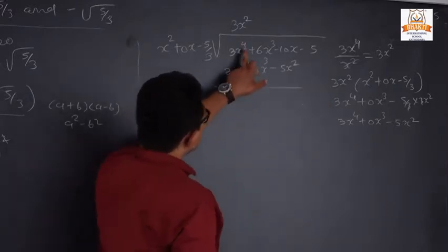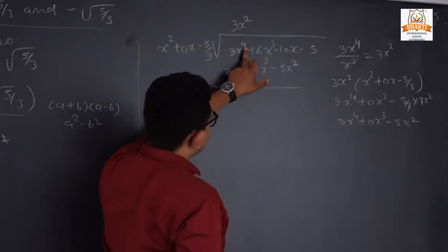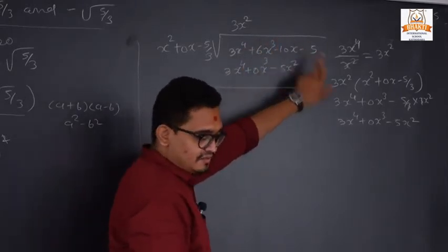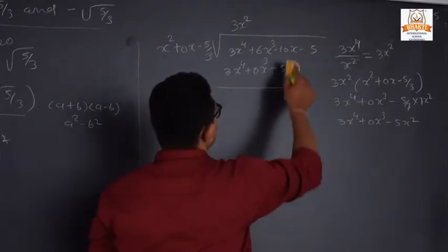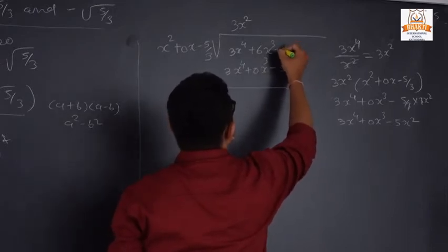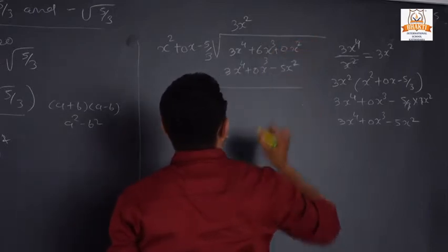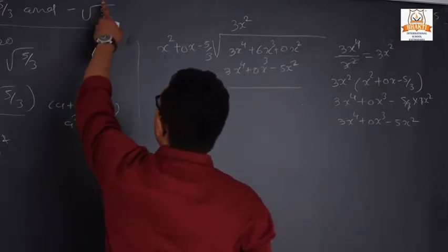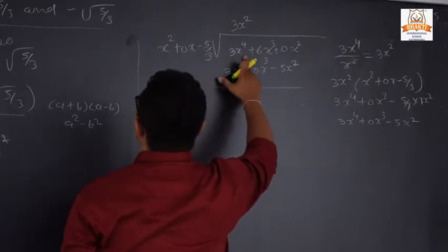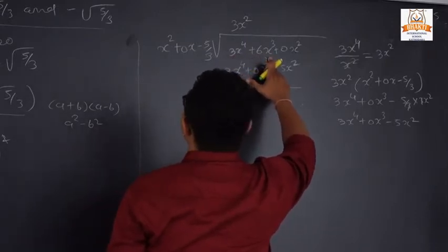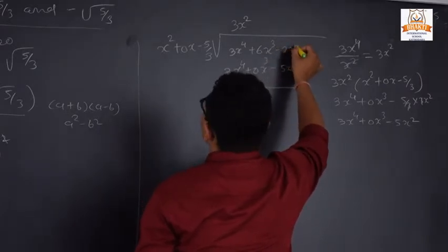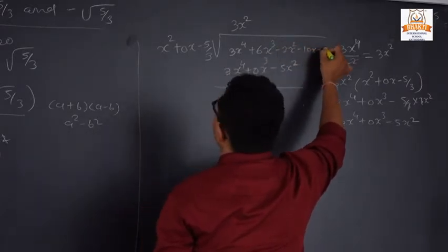And here we can also see that after degree 4 comes degree 3, then directly degree 1. So we can also add here 0x³ and 0x², and then we write 3x⁴, then 6x³, then −2x², then −10x, then −5.